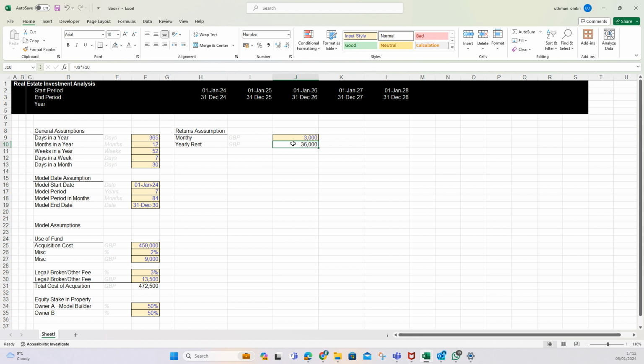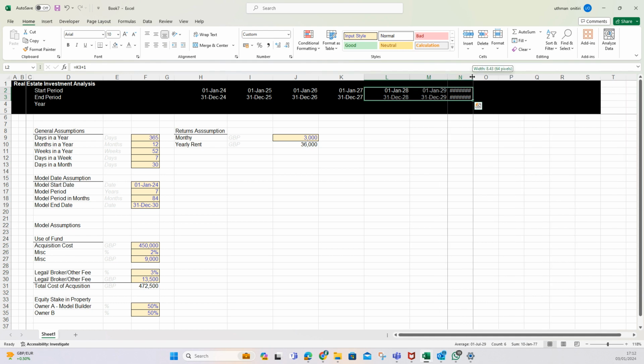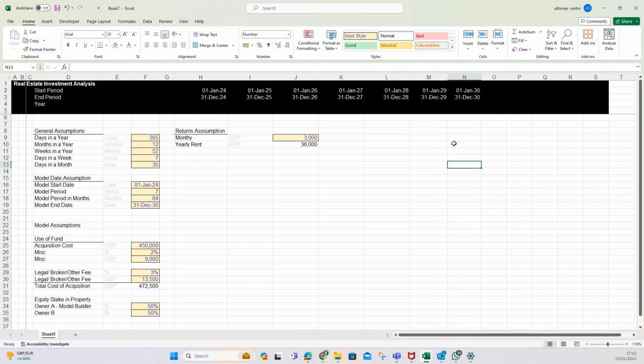The choice is really yours, guys. So let's leave it out to just make it look nice. Of course, over a period of 7 years, the model is supposed to end December 31, 2030. I think we missed that out. No worries. We're going to do a lot of finessing at the end of the model.